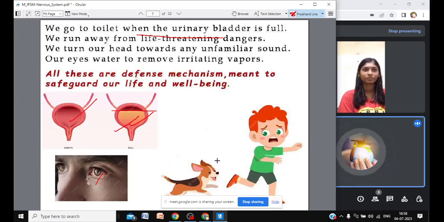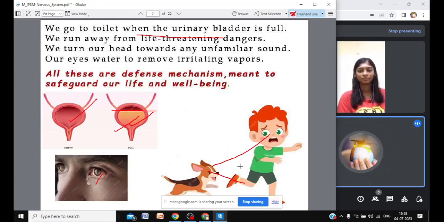Similarly, see, the man is running away from danger. So the eye will see the danger and the brain will tell the legs to run. The brain cannot see the dog or the tiger. The eyes will see, and the eyes will send the message to the brain. Now the brain can make two decisions.